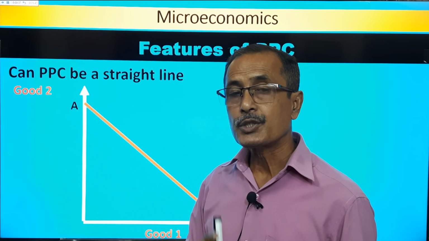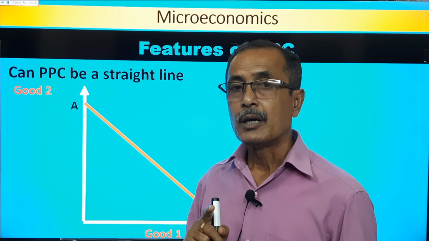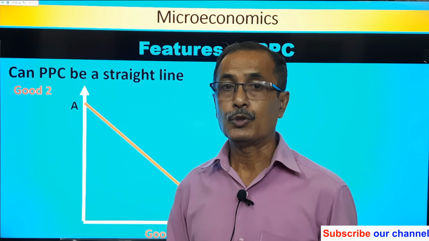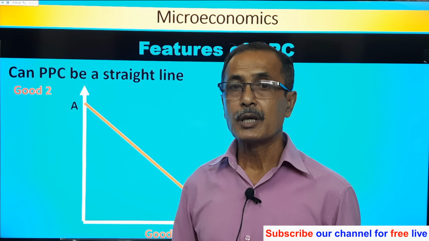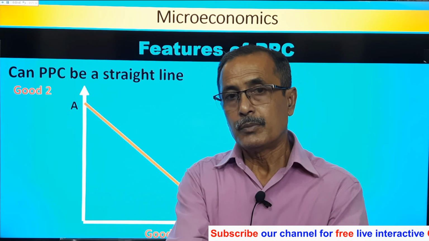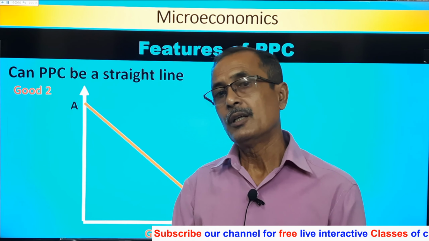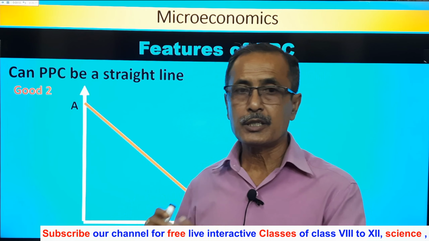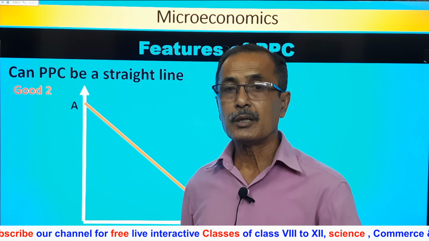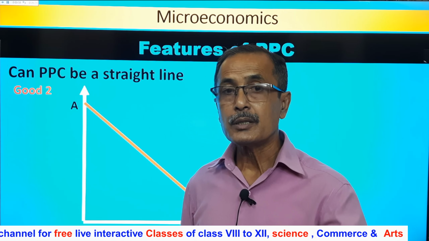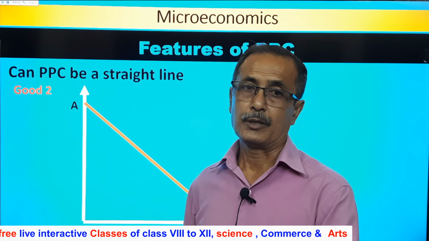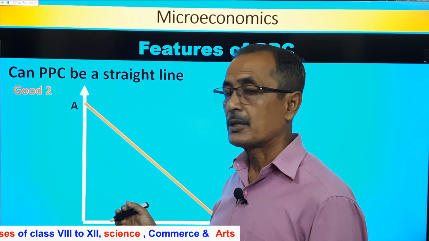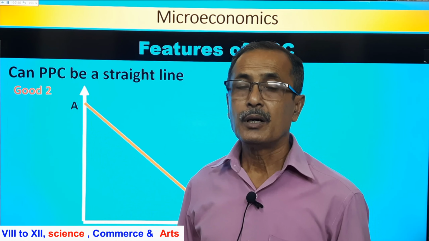PPC can be a straight line when the marginal rate of transformation is constant, not increasing. Means आप गुड्स 2 एक छोड़ोगे तो गुड 1 एक ज़्यादा मिलेगा, फिर एक छोड़ो फिर एक ज़्यादा मिलेगा. Means here you are not following the increasing rate of transformation. That is why this PPC curve normally cannot be a straight line.